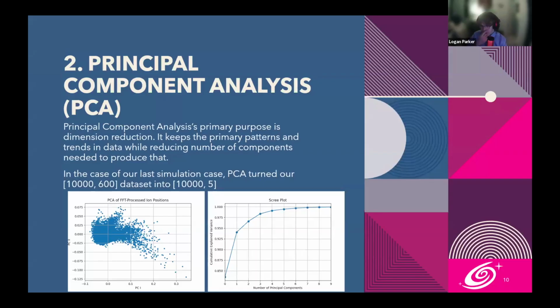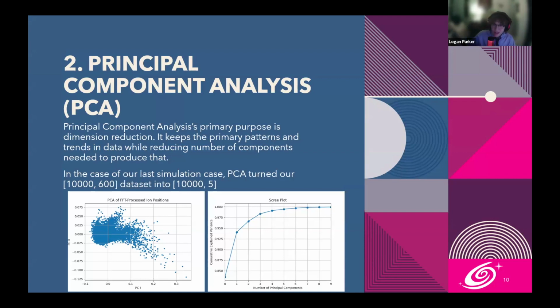So the second thing we do here, which is the first real machine learning algorithm, is principal component analysis, which reduces our data set size while still keeping the percent of variation in our data to make it far faster for clustering. As we see here with this second graph, you can see the number of principal components increasing over time, and you can see how much of the variance it keeps up.